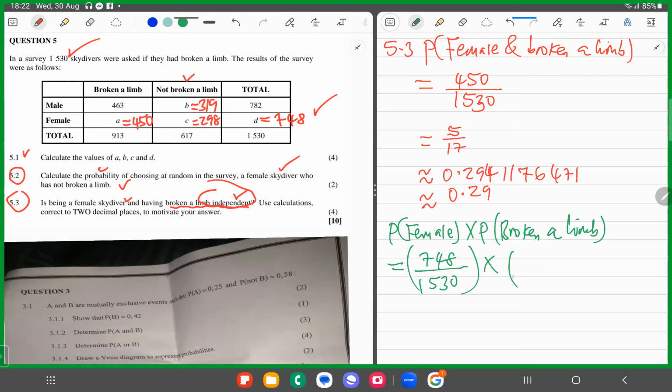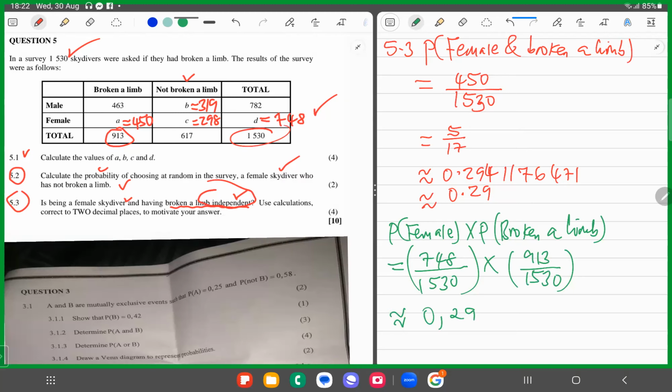Multiplied by the broken limb. What is the total of broken limb? The total of broken limb is 913. We divide by the total, 1530. We simplify this, and it is approximately 0.29.